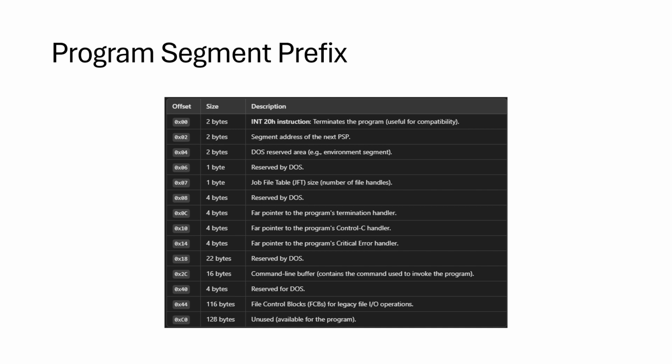All that information can be found in the program segment prefix. This is again specific to the DOS operating system. The newer operating systems that we have today have different data structures which store this type of information.